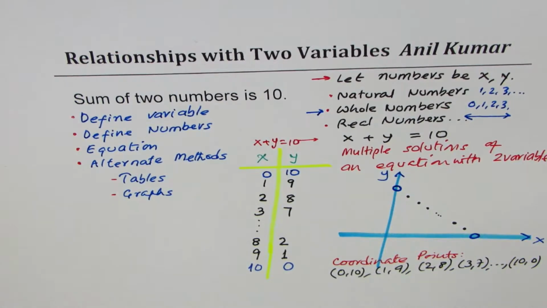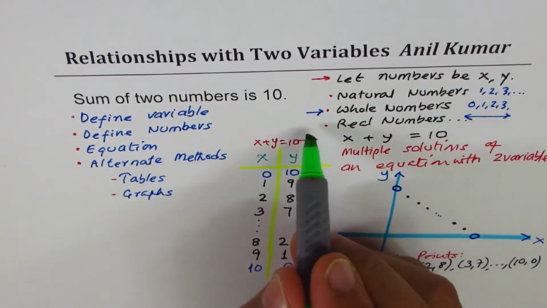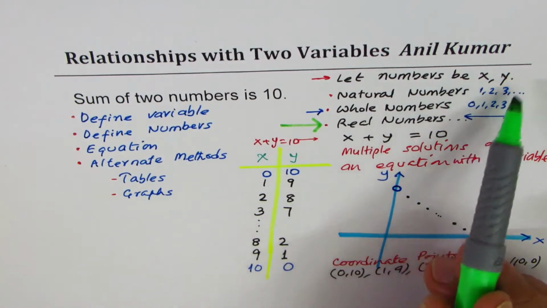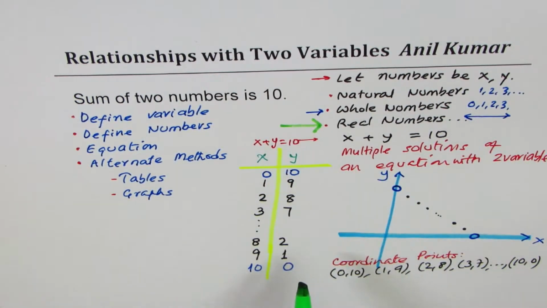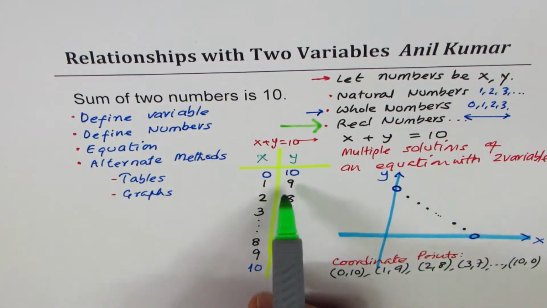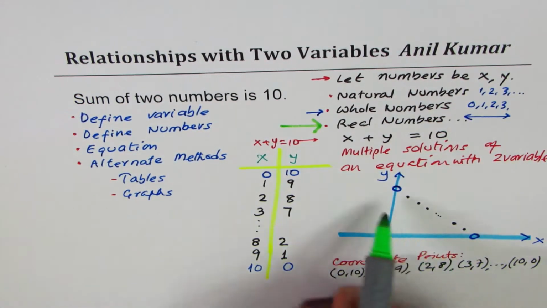So let's say now we're talking about the real numbers. If x and y are real numbers, then what are the possible values of x and y? To show that, what we can do is have a few numbers as we did, connect them with a line.